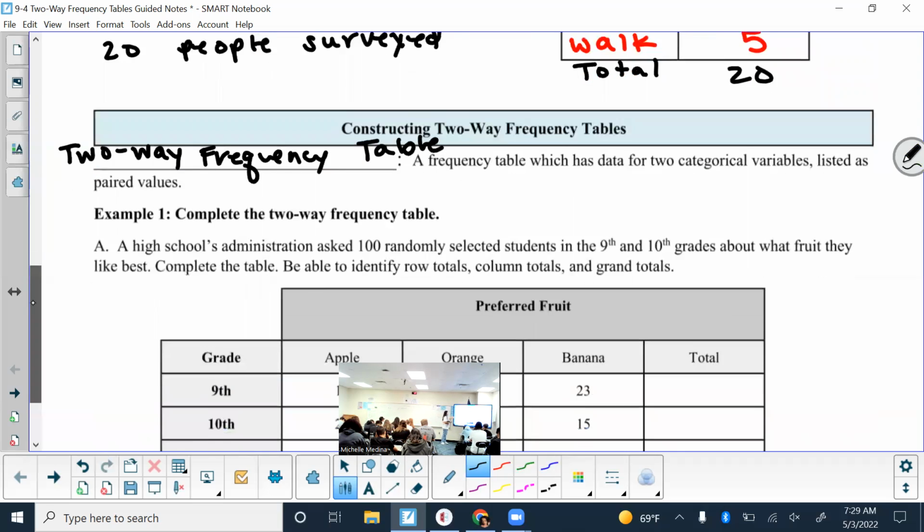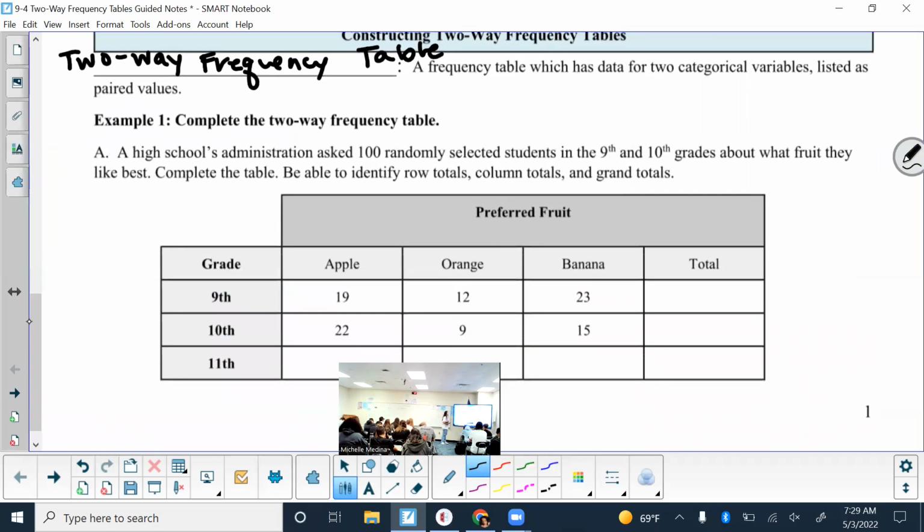Here's another example. So a high school's administration asked 100 randomly selected students in the 9th and 10th grade about what fruit they like best, and then we have to complete the table. So we also need to be able to identify row totals, column totals, and grand totals.